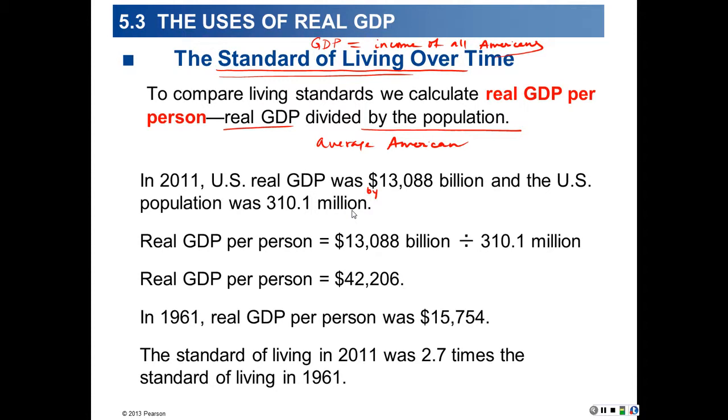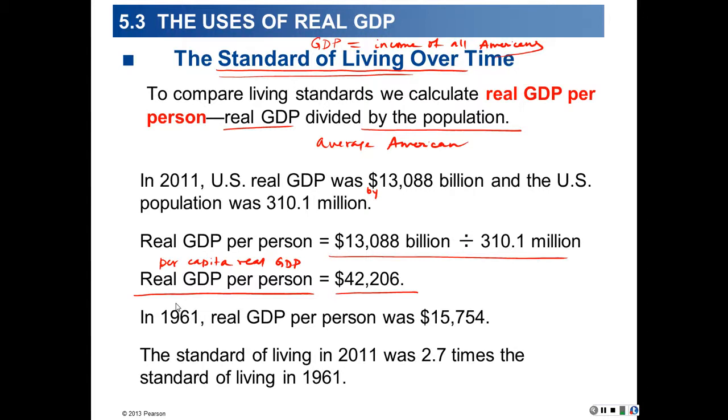And the US population was 310.1 million. So when you do the division here, we arrive at real GDP per person of 42,206. So this is the average real income of an American then in 2011. Another name for this is per capita real GDP. Per capita real GDP. So this is a better measure of the well-being of the average American.